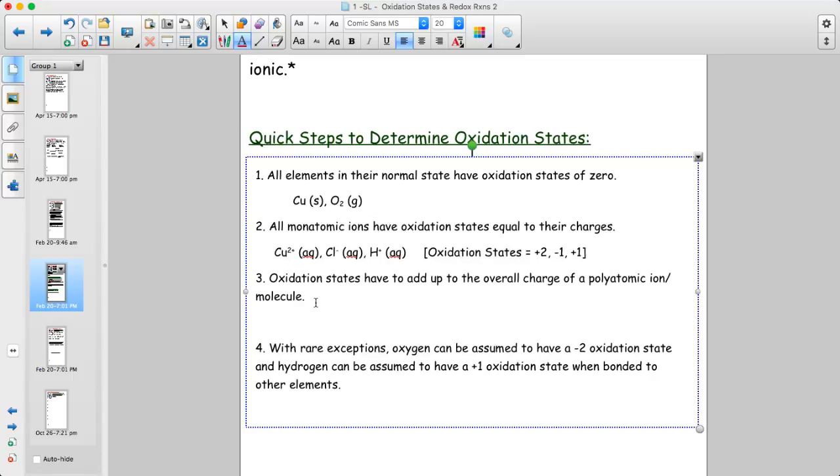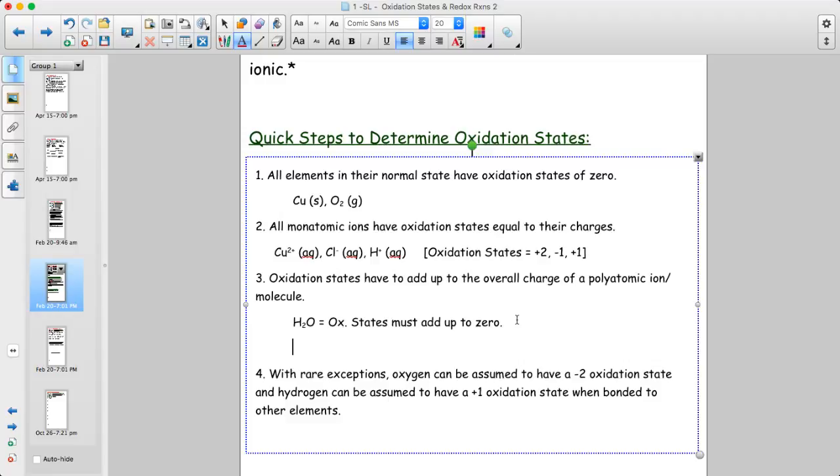Back to the rules. The oxidation states of a polyatomic ion or a molecule have to add up to the overall charge on the molecule. So if we're dealing with something like H2O, then oxidation states must add up to 0 because it's a molecule. It's water. It's a water molecule. There's no overall charge.